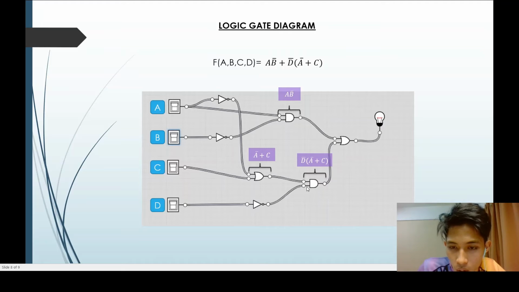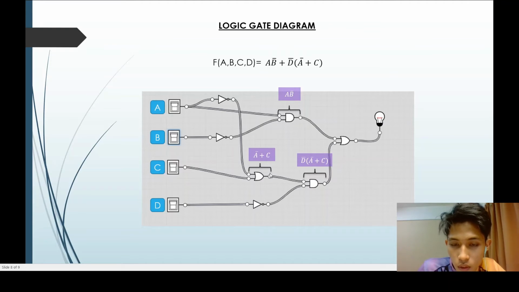So this leg of the AND gate will be connected to D. Why is this one a NOT gate? Because the equation is D bar. So that's why there is a NOT gate on D. So D will be bar, which is not D. It's connected to this side, and the other one is connected to the bracket A bar plus C.